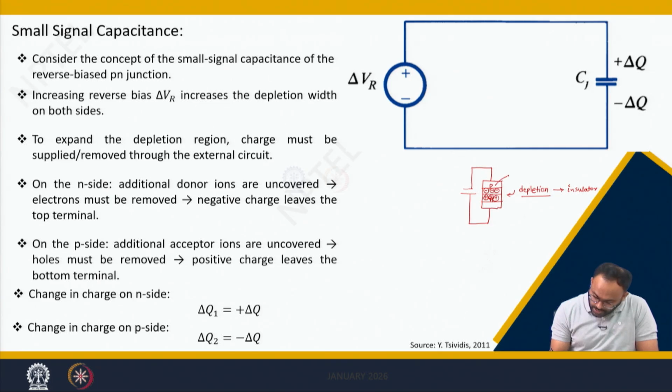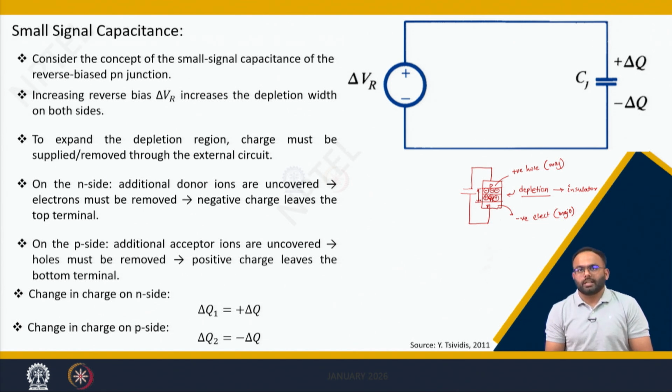This region does have positive charges, holes in majority, and this region has negative charges, electrons in majority. These two regions, which are called neutral regions, are separated by a depletion region where there are no mobile charge carriers available.